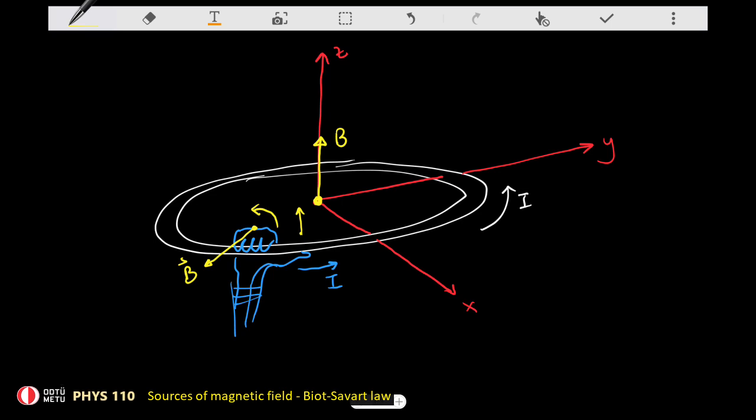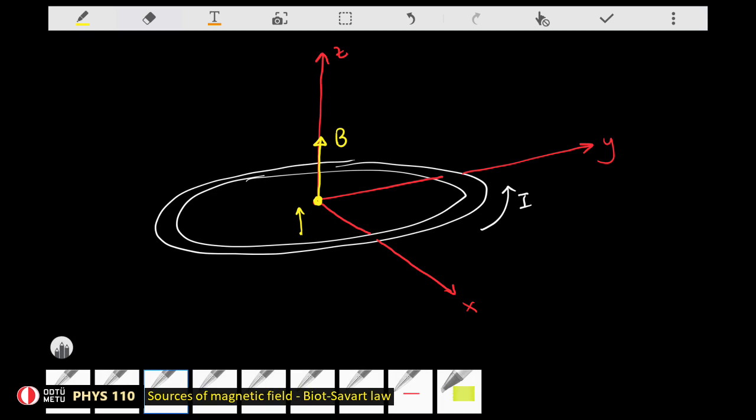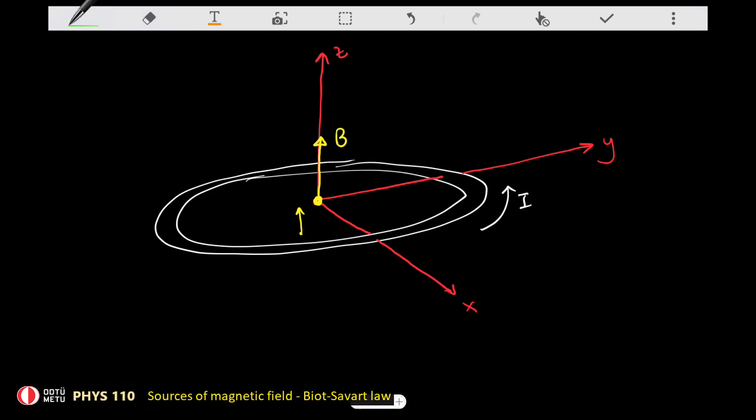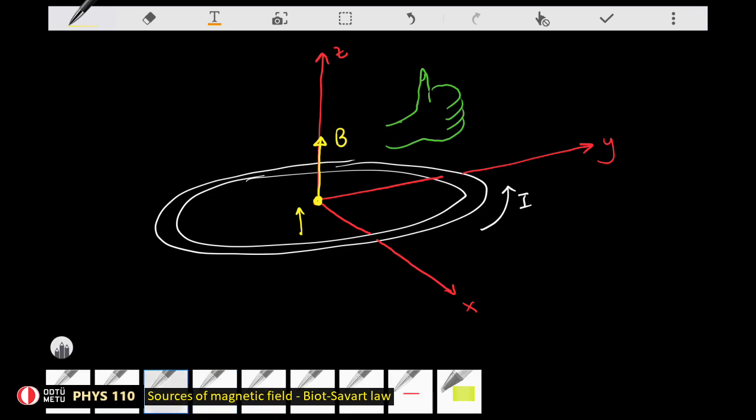So for this reason, I'm going to erase this hand in here. I'm going to draw a different hand. This time, though, the role of the magnetic field and the current has been switched. So I'm going to use a yellow color for this one. So in that case, what you do is you just orient your thumb along the direction of the magnetic field, or in the direction that you guess the magnetic field to be, right? And in that case, your other four fingers would be like that. Let me show the direction of the magnetic field.